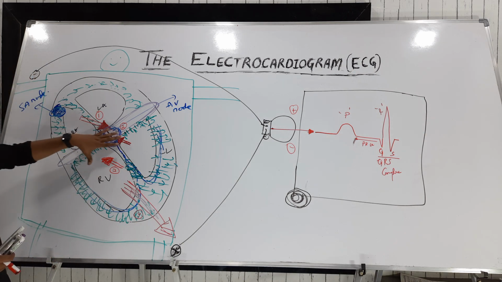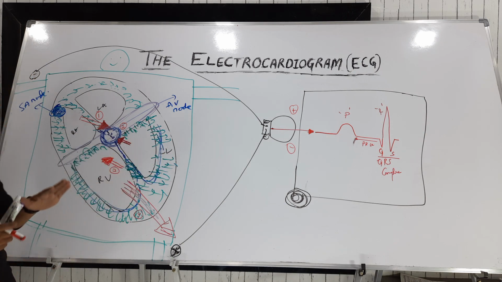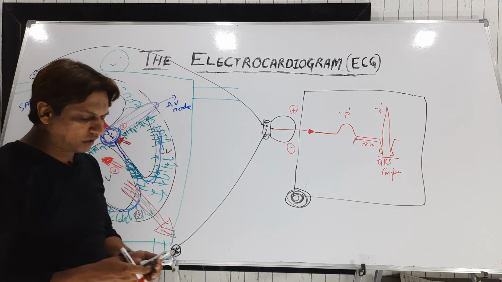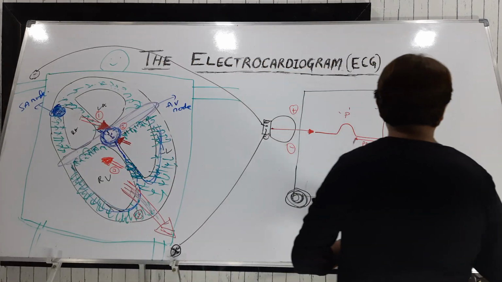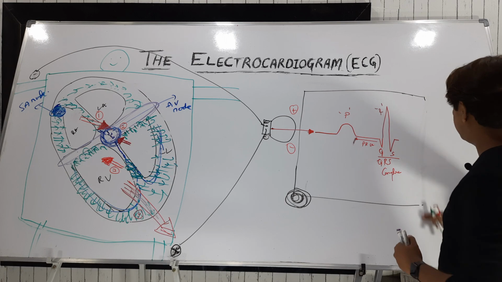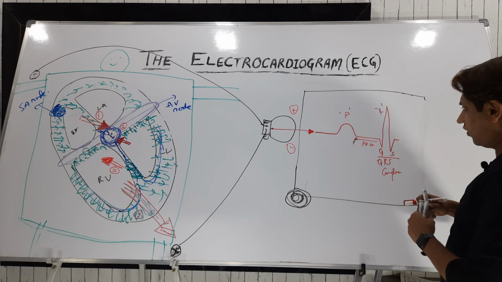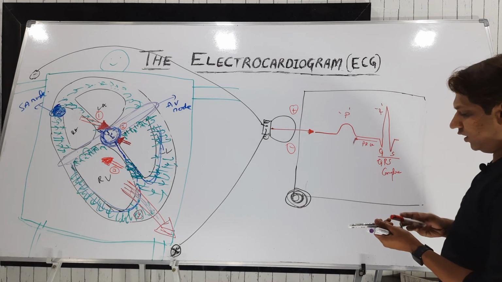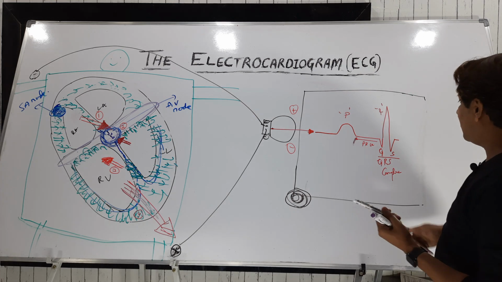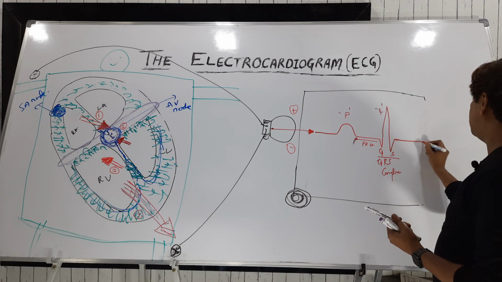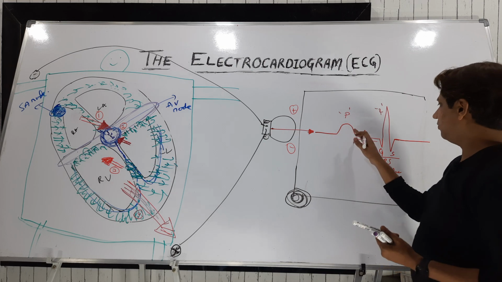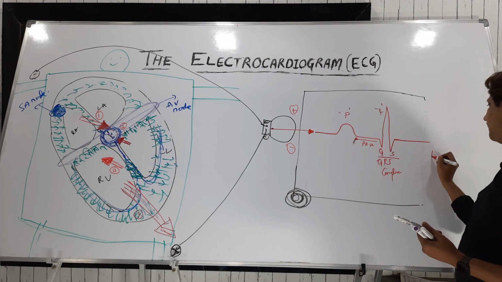Now when the whole of the ventricular muscle is depolarized, for some time before repolarization starts there will be one straight line, an isoelectric line, just like the PR segment. That is known as the ST segment.